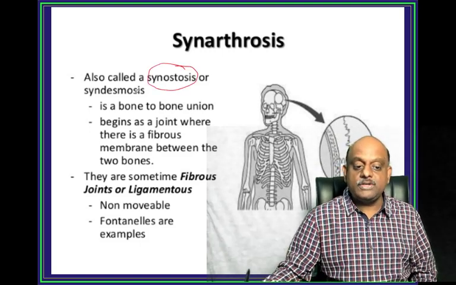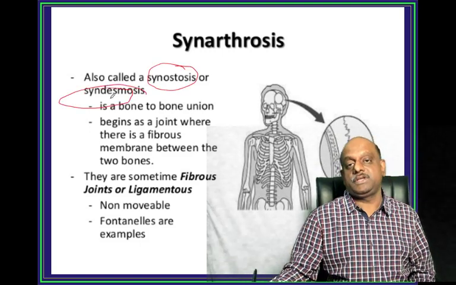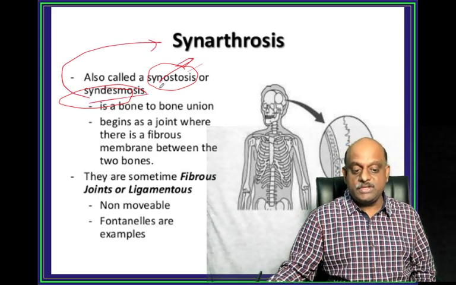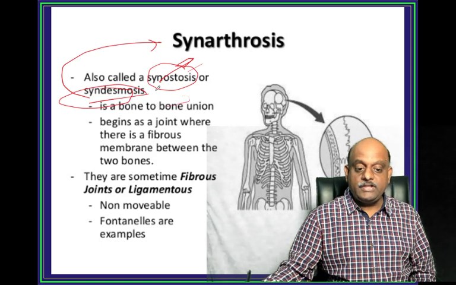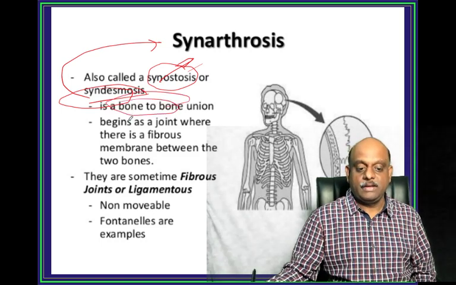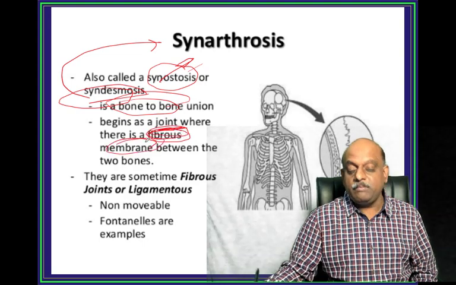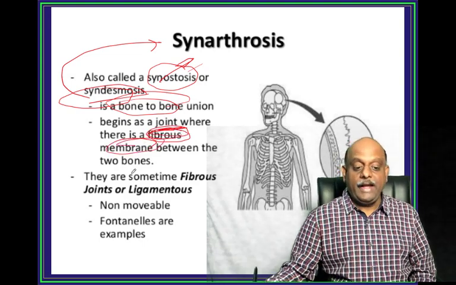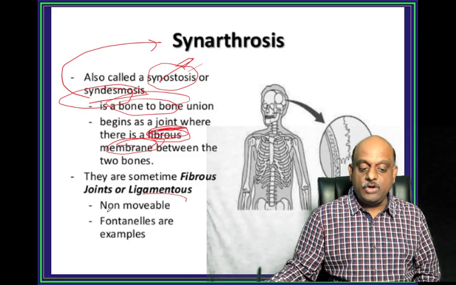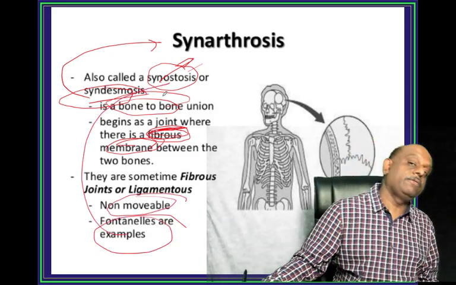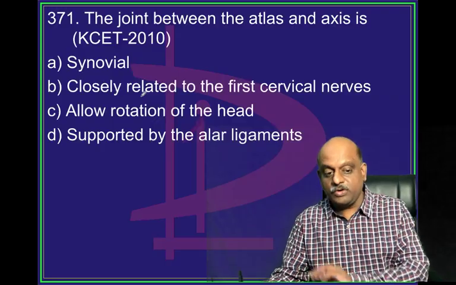Synarthrosis is also called synostosis or syndesmosis; it is the same thing. It is a bone-to-bone union, and it begins as a joint, with a fibrous membrane between two bones, and it is non-movable. Fontanelles are the classical example of synarthrosis, is what you should remember.